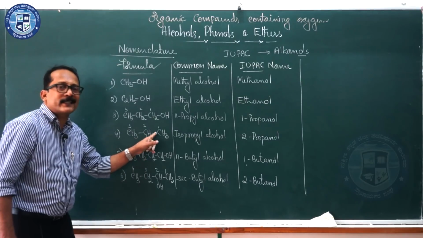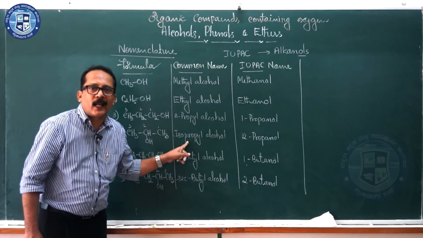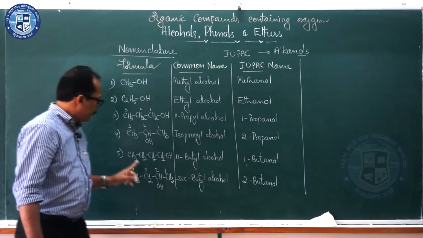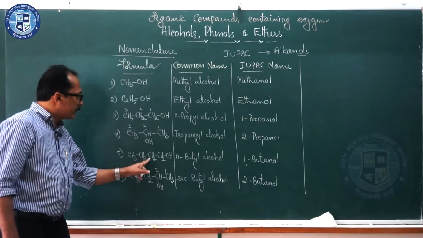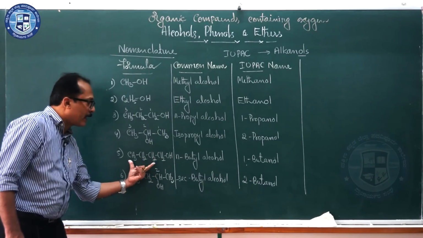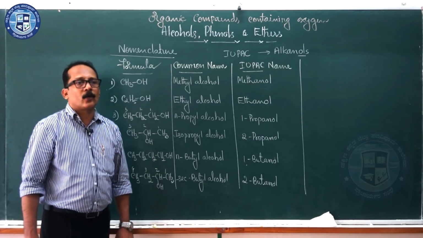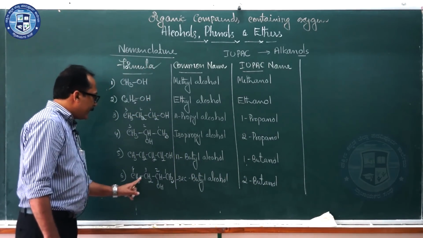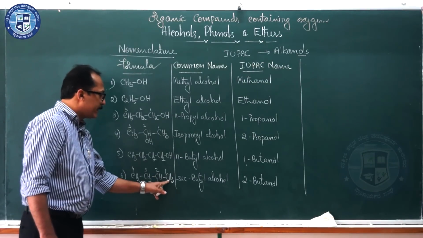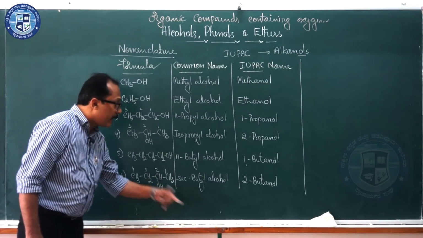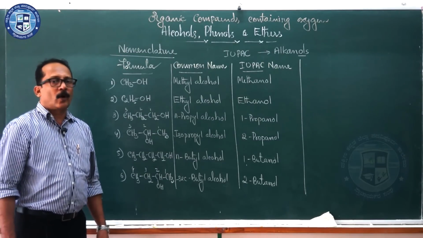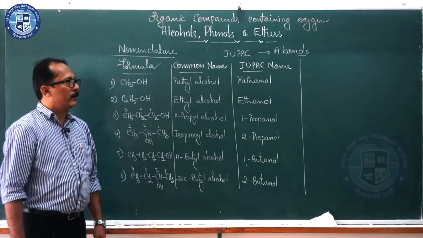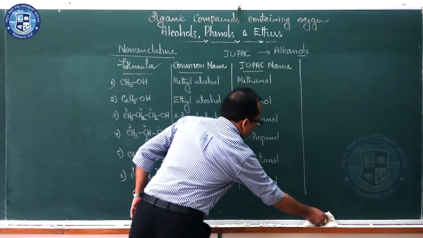CH3, CHOH, CH3, isopropyl alcohol, IUPAC name is 2-propanol. CH3, CH2, CH2, CH2OH, there are 4 carbon atoms, N-butyl alcohol, called 1-butanol. Next one, CH3, CH2, CHOH, CH3, is called secondary butyl alcohol, the common name. IUPAC name is 2-butanol. We'll take some more compounds.